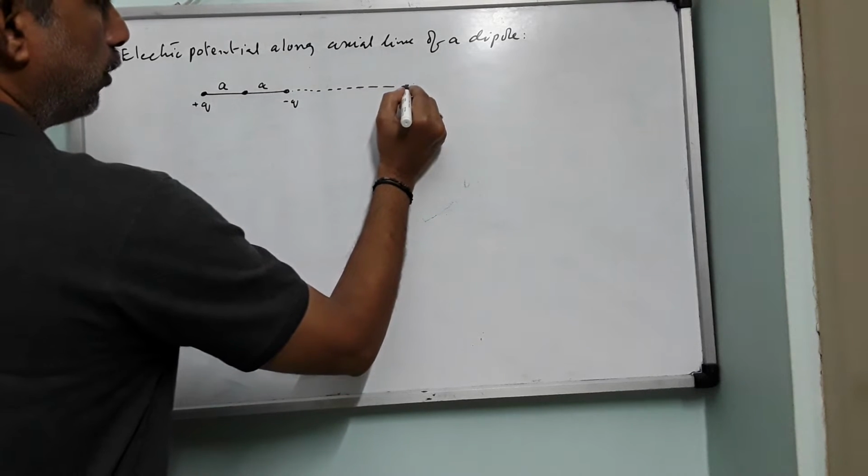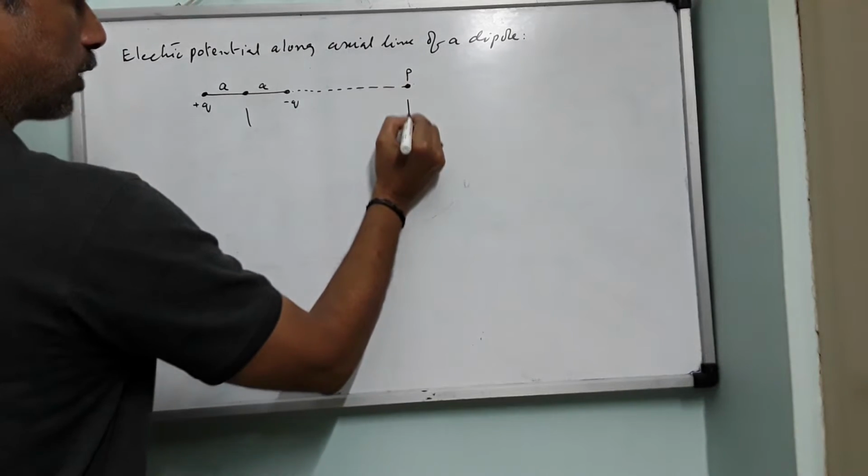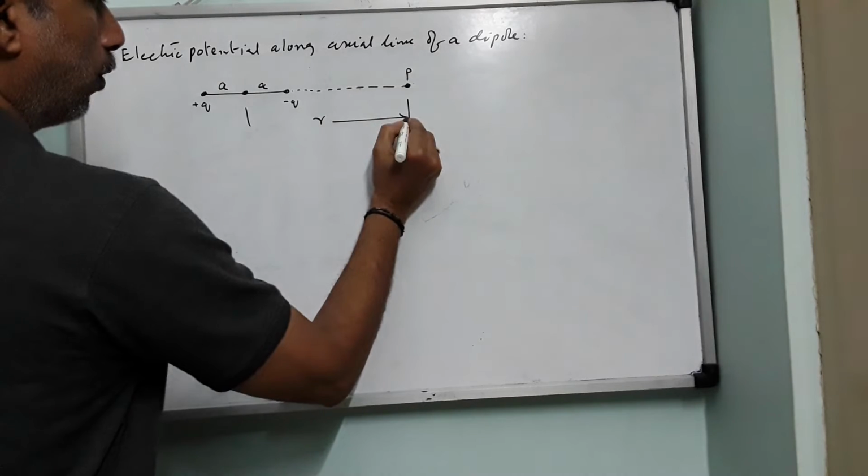So we now imagine a point P on the axial line at a distance R from the center of the dipole.